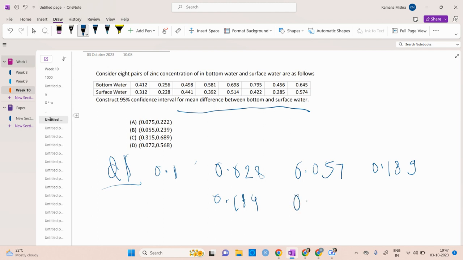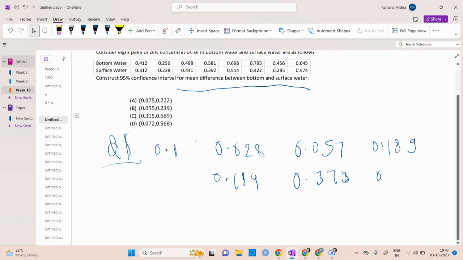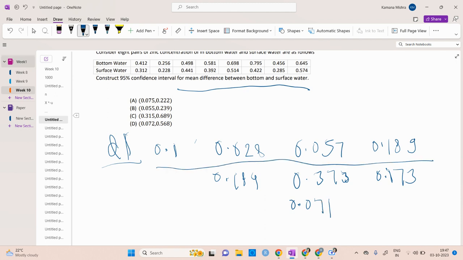Next one, it will be 0.373 minus 0.2456, so it will be 0.173, and the last one is 0.071. Okay, so these are the differences.